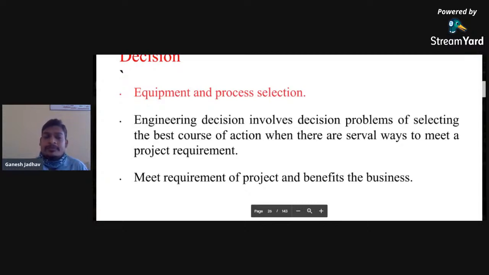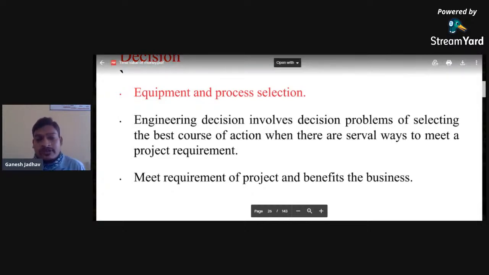And whatever process we select, for that particular process we require the equipment also. So this is the engineering economic decision, meeting the requirement of the project and benefiting the business also.